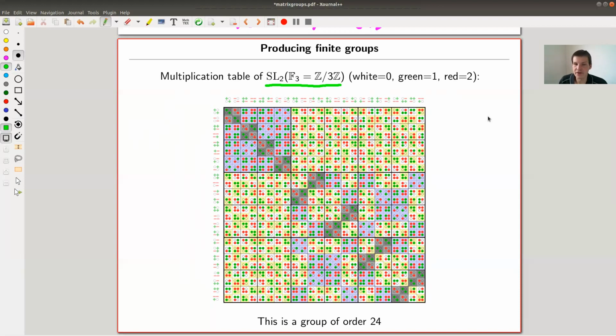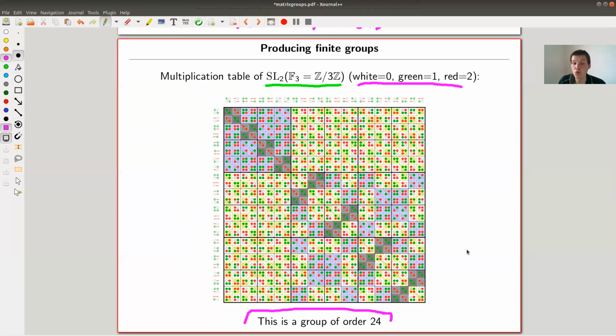And now you feed in a finite field. In this case, Z mod 3, right? So the field with 3 elements. And again, some color code applies, but now I have 3 elements. You write down the multiplication table, and you get something of order 24. And it's absolutely not clear why this huge multiplication table, linked in the description, zoom in, have a look, should form any reasonable law at all if you just look at the multiplication table.